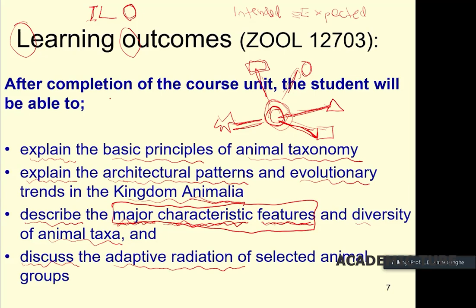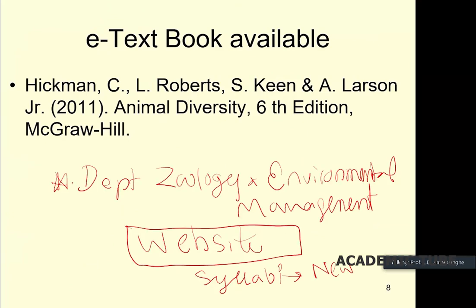And what are the things you will be having or will be explained at the end of learning this course unit. We'll try to do the maximum out of the course content. And there, out of the several recommended textbooks, there is a famous book written by Hickman with different authors.